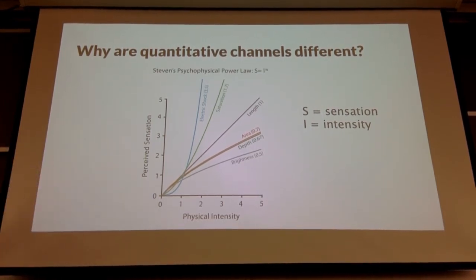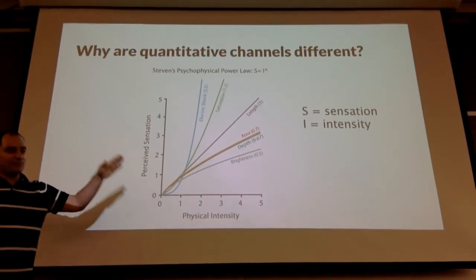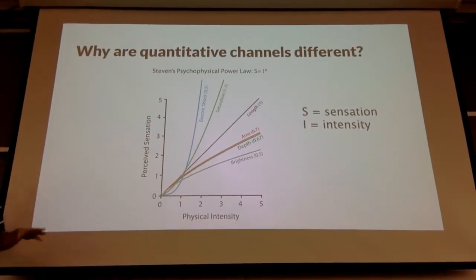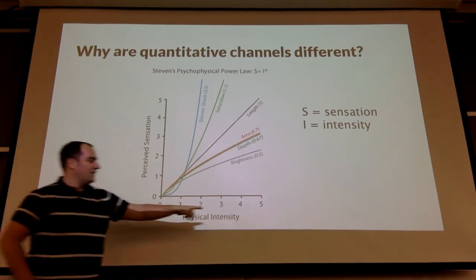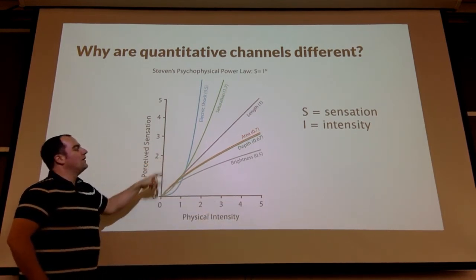The only visual variable where we have a linear relationship between physical intensity and perceived sensation is length. So here, 5 maps to 5, 4 maps to 4. For all of the other ones, like brightness, we tend to underperceive the sensation. So for a physical intensity of 5, we perceive it roughly as 2.